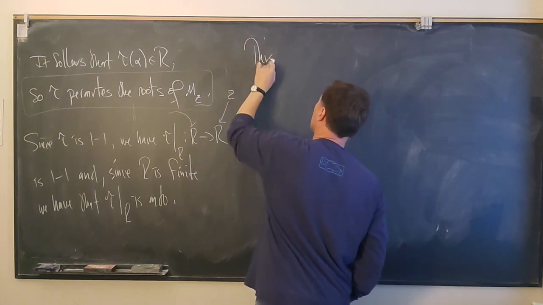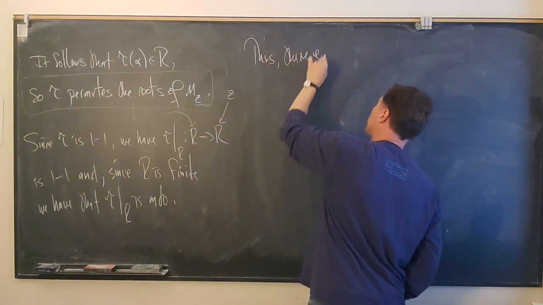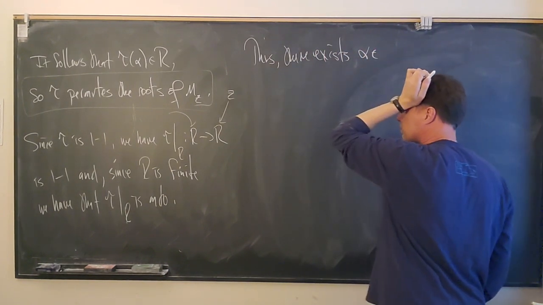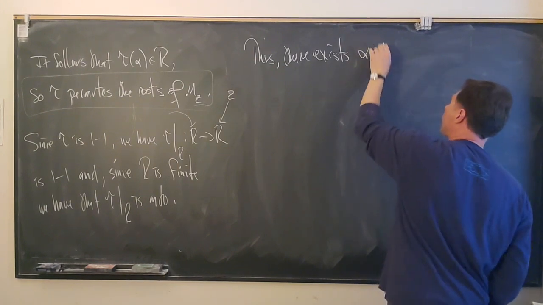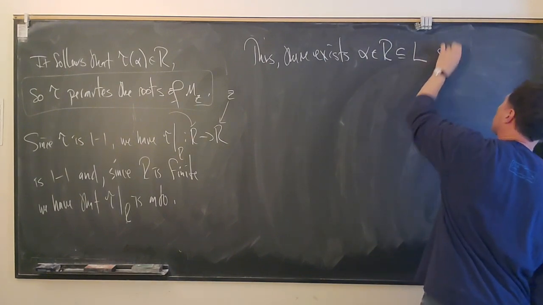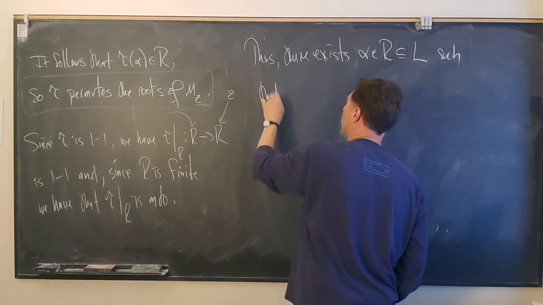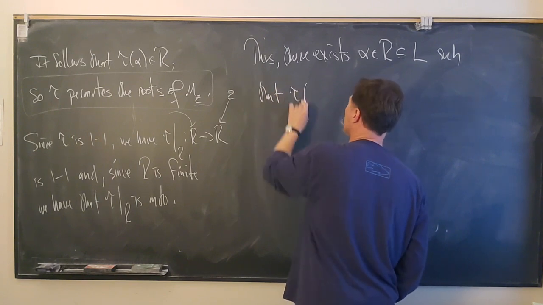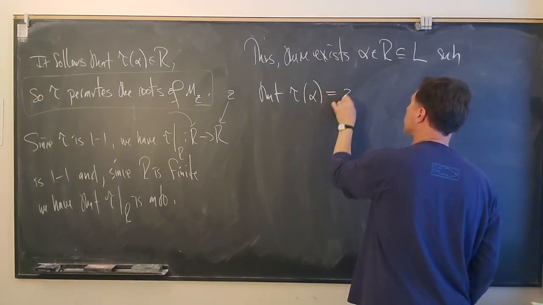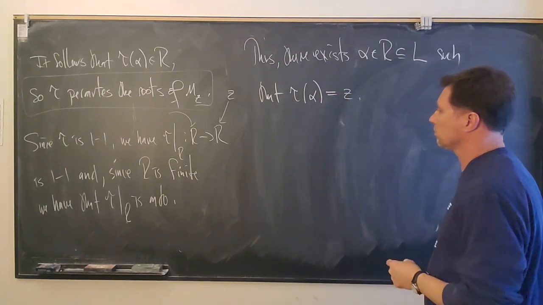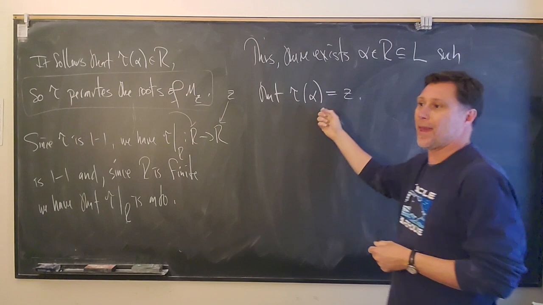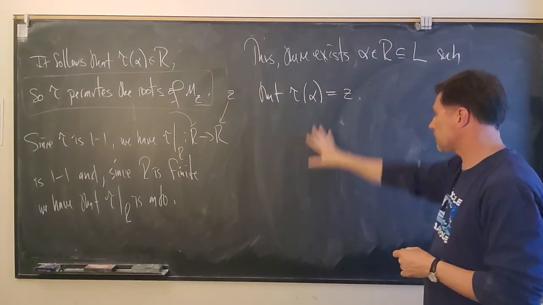So thus, there exists some alpha in R, and by the way, R is a subset of L, such that tau of alpha is equal to z. Okay, technically it's tau restricted to R, but so what? Alpha lives in R, so this is true.